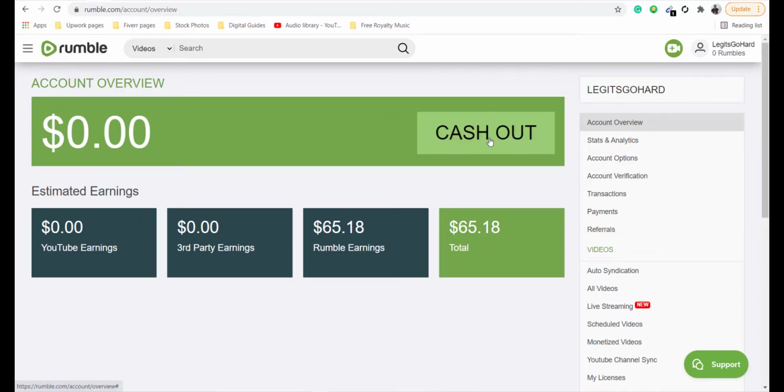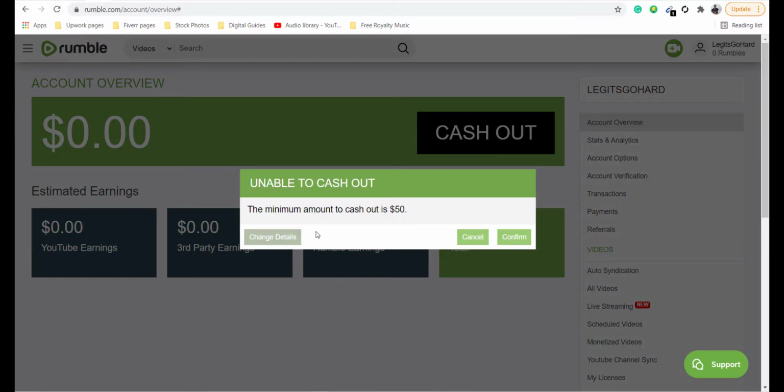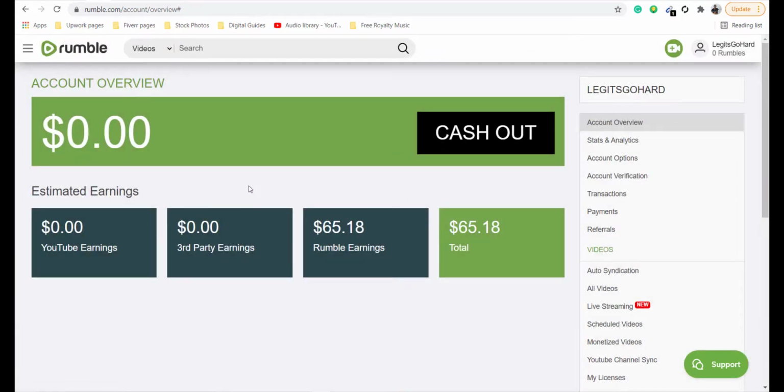As you can see here, the minimum amount to cash out is $50. Had the $50 already been reflecting on the available balance, I would definitely be able to withdraw the money.